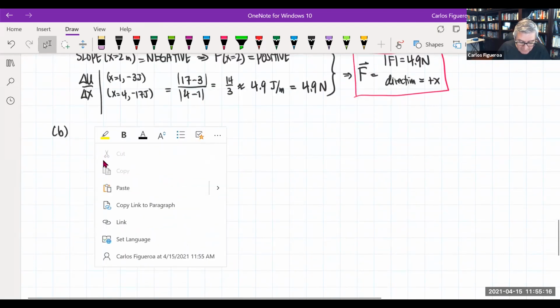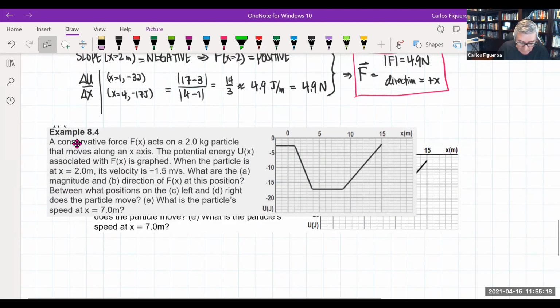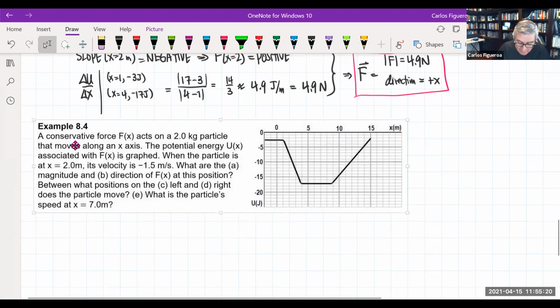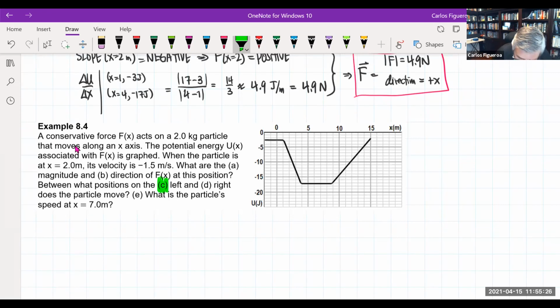If I look at B here, we're looking at C. It says, between what positions will the particle go left and right?